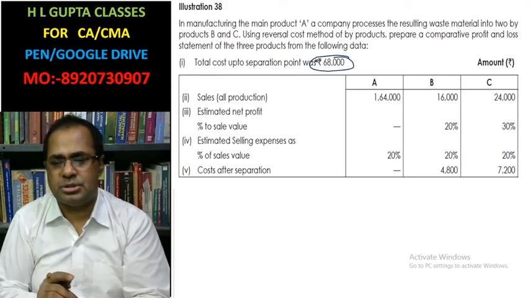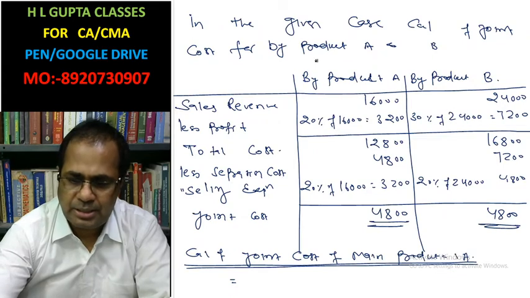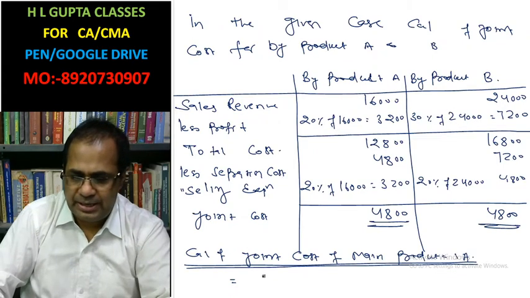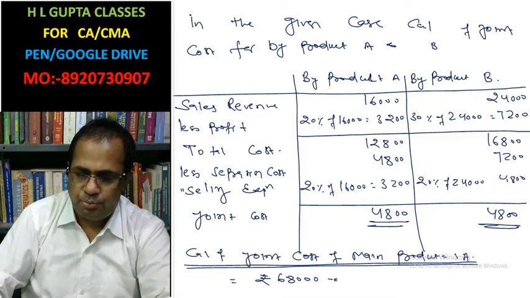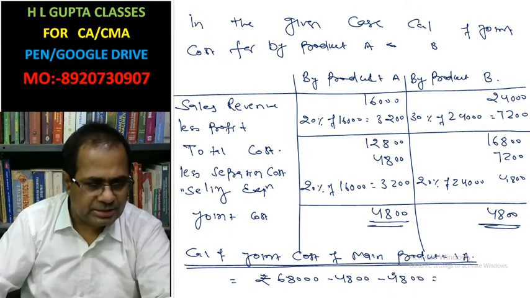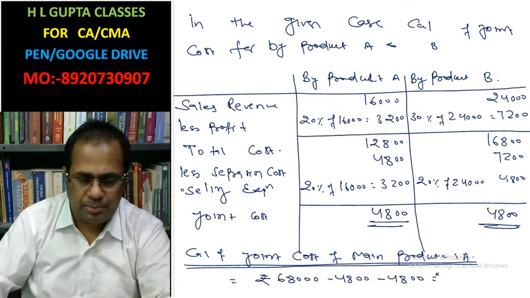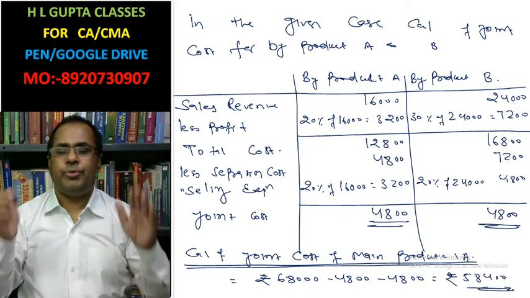Now you have to subtract the joint cost of A and B. Out of this 68,000, subtract 4,800 for A and 4,800 for B, and this is 58,400 rupees.